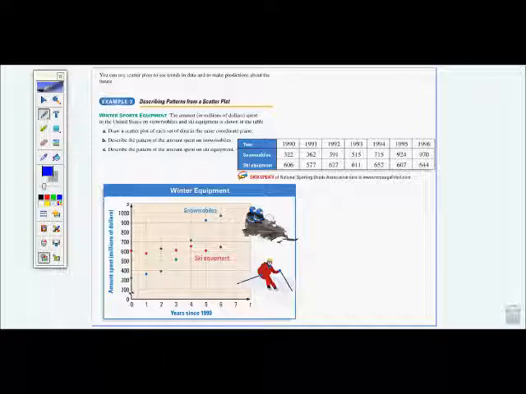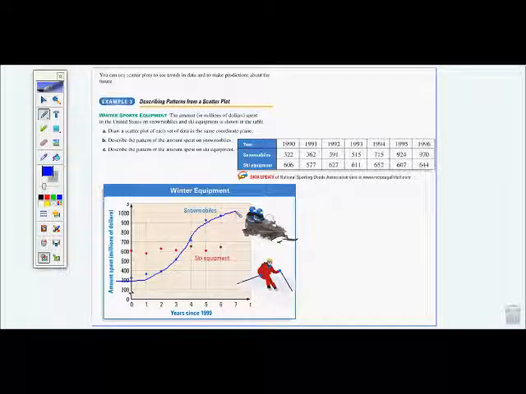So we have snowmobiles and ski equipment. It says describe the pattern of the amount that is spent on snowmobiles. For letter B, on the scatter plot, you can see that the amount spent on snowmobiles has been increasing rapidly since 1990. You see the blue here, and it keeps rising.